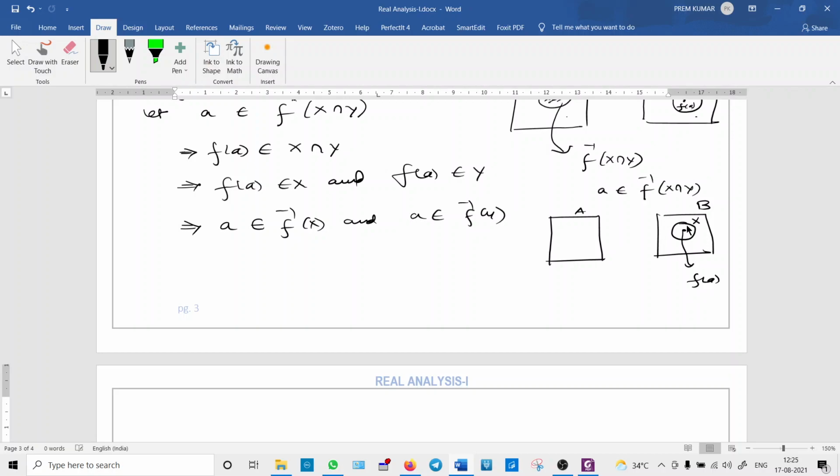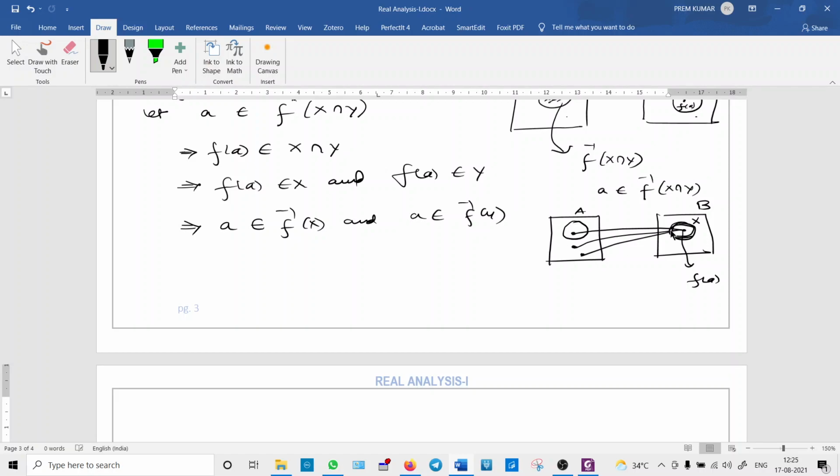If f of a belongs to X, so definitely the pre-image of this will be present. There will be many pre-images, who knows? We don't know about this. Maybe many pre-images are lying outside f inverse of X.